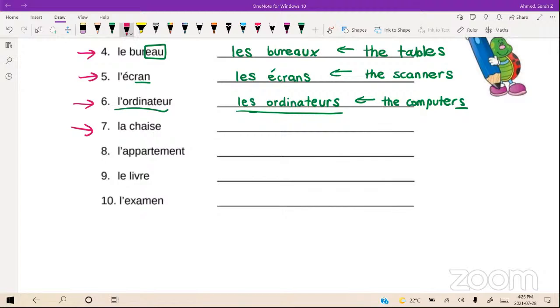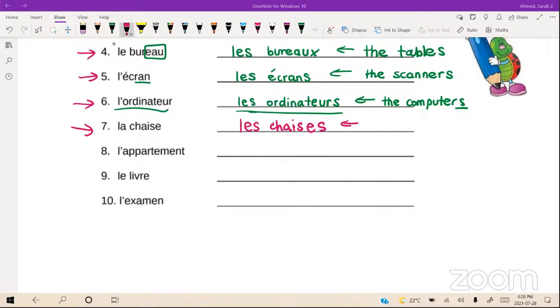Okay, so les chaises. Very good. Are you able to see it? Because I cannot see it. Okay, wait, give it a moment. I saw what you put in the chat. Yes, les chaises.